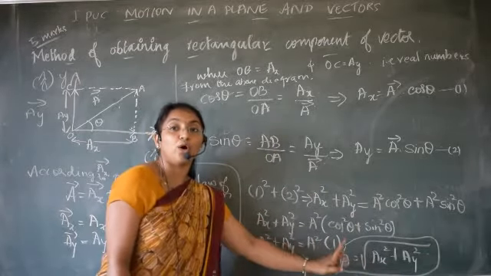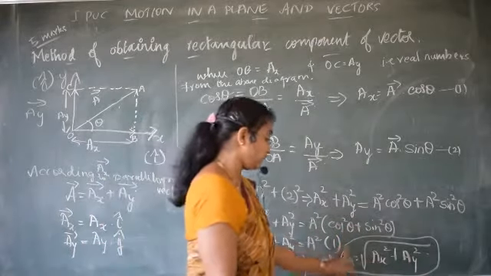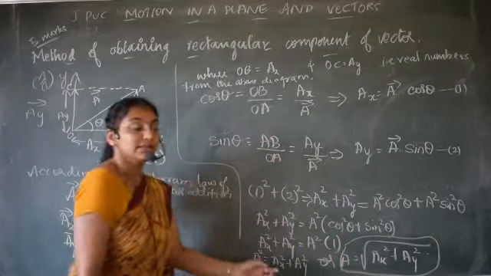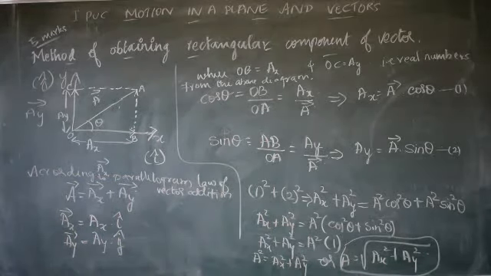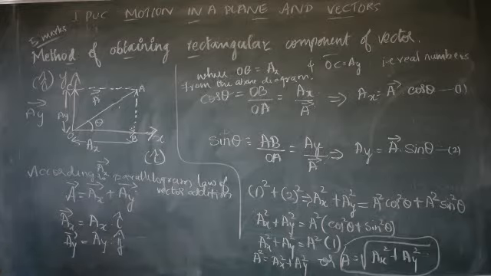It becomes square root of AX square plus AY square. This is how we can obtain the rectangular component of the vectors. Therefore, A is equal to square root of AX square plus AY square. Now, one more step is there. I'll write it later, but till here I want to explain it once again.